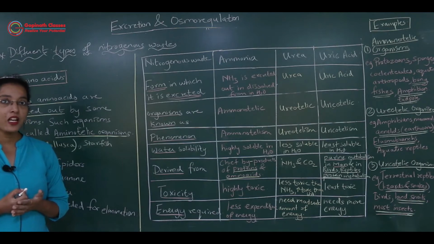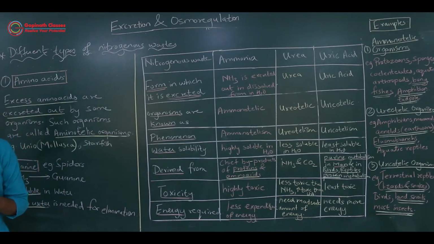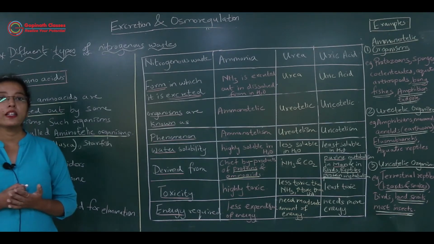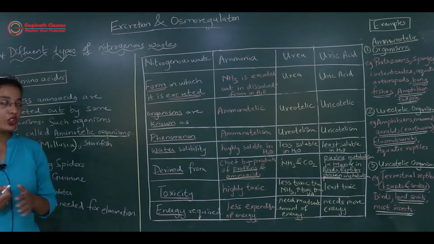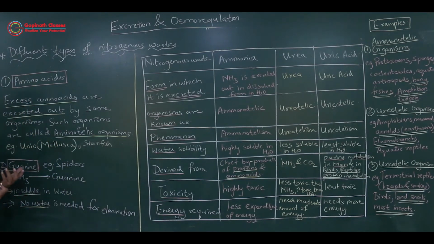What are the organisms called? Aminotelic organisms, and the phenomenon is aminotelism. So what is aminotelism? Removal of excess amino acids in some organisms is known as aminotelism, and the organisms are aminotelic organisms.